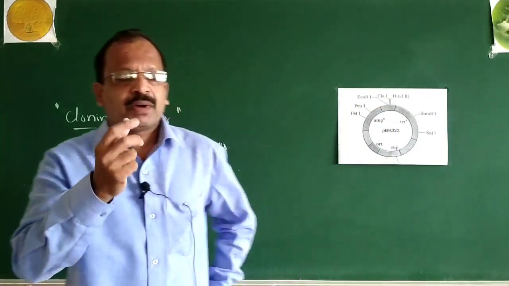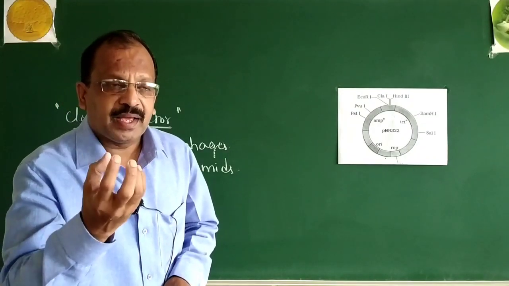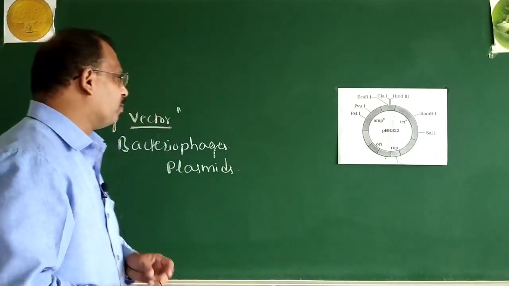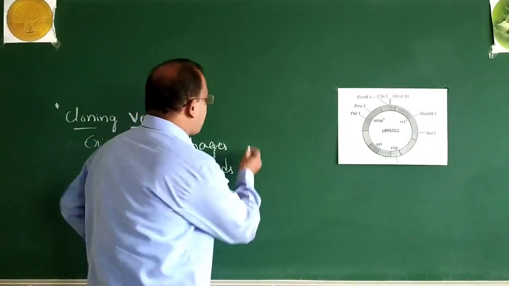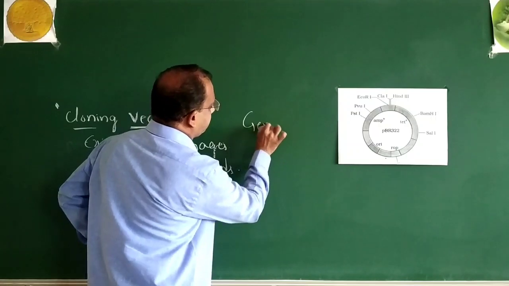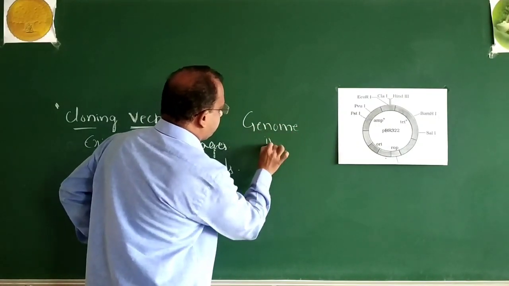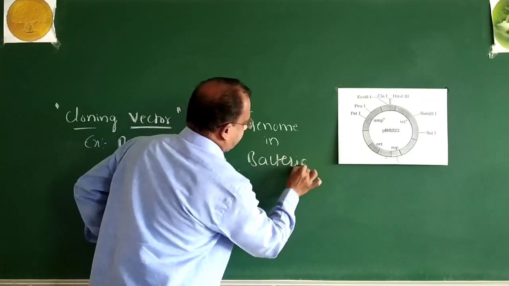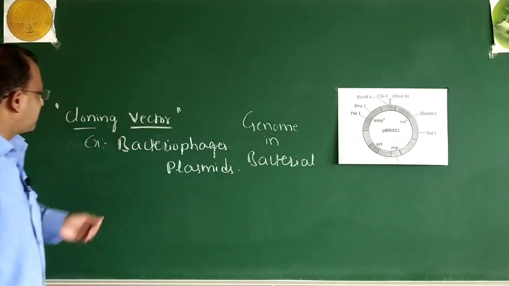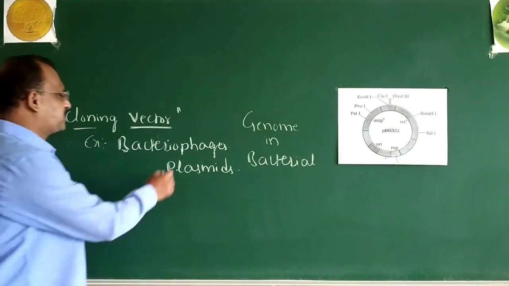Bacteriophages, because of their high number per cell, have several copies of their genome in a bacterial cell. Two examples for the cloning vector are bacteriophages and plasmids.